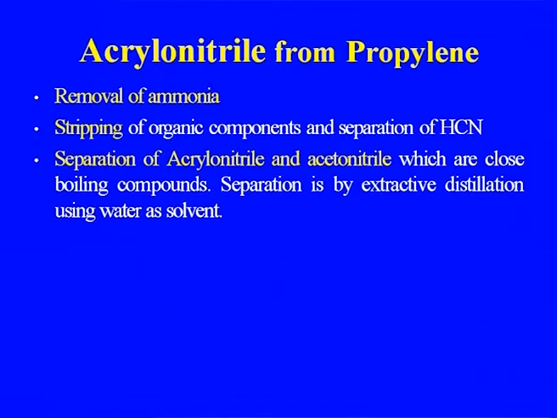Separation of acrylonitrile and acetonitrile, which have close boiling points, is done by an extractive distillation column using water as a solvent, because otherwise it would not be possible to separate them.